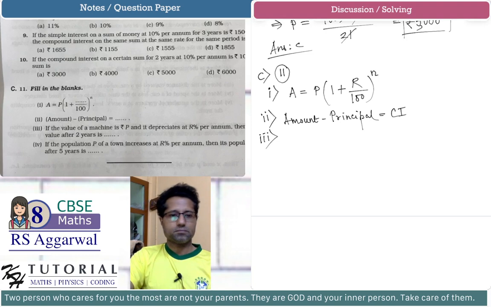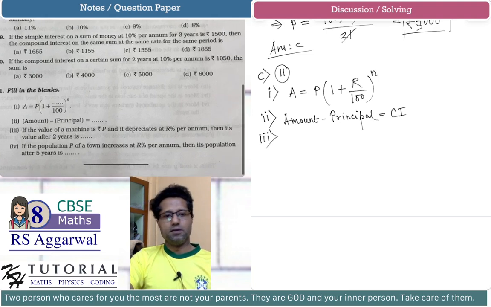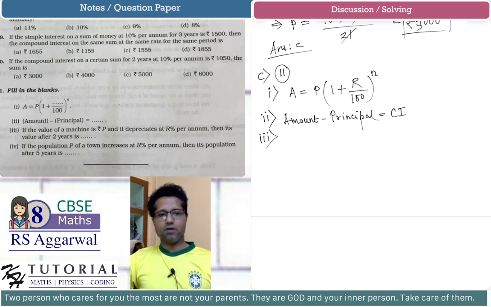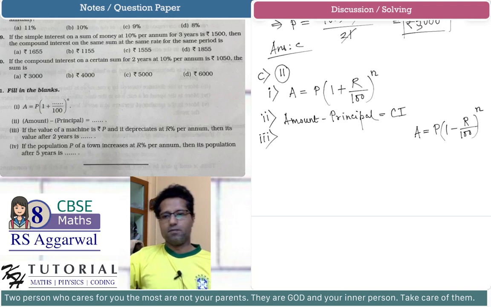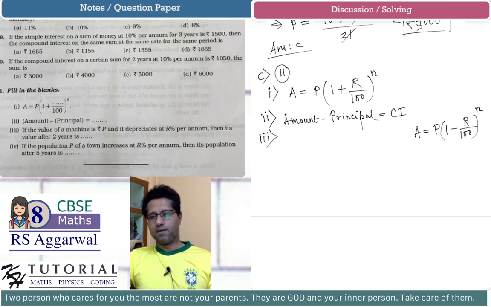Part 3. If the value of a machine is rupees P and it depreciates at R percent per annum, then its value after 2 years is. So the basic formula is A is equal to the initial value P times 1, since the value is depreciating, 1 minus R, the rate of depreciation per annum, divided by 100, to the power n, the number of years after which the value will be A, and P is the initial value.